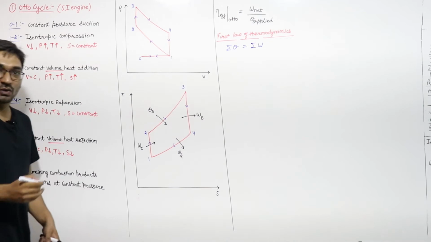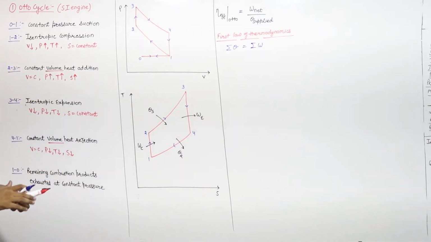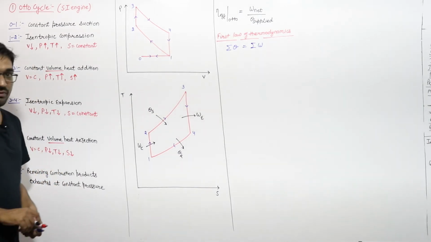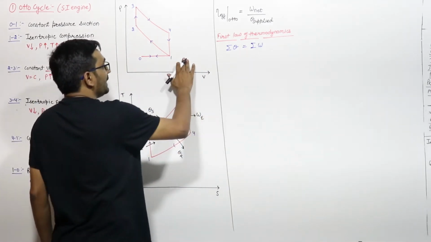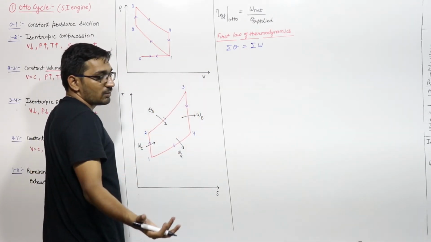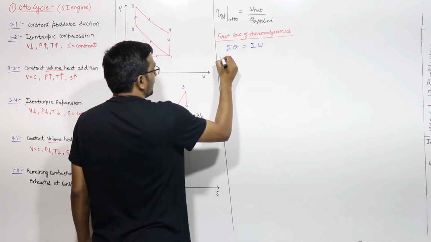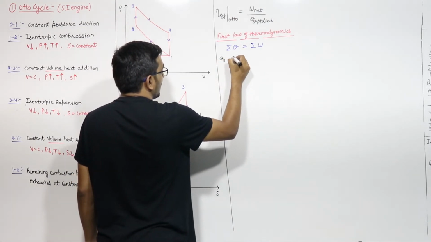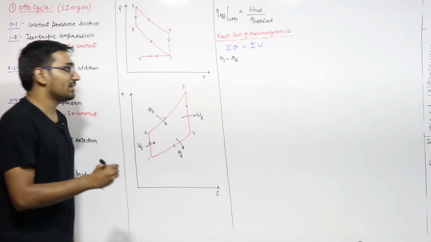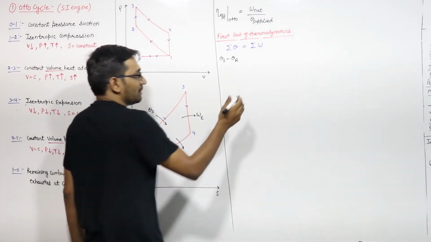This will be for a closed cycle, right? Heat added to the system is positive, heat going out of the system is negative. So this will be QS minus QR, heat supply minus heat rejected. This will be the net heat interaction.